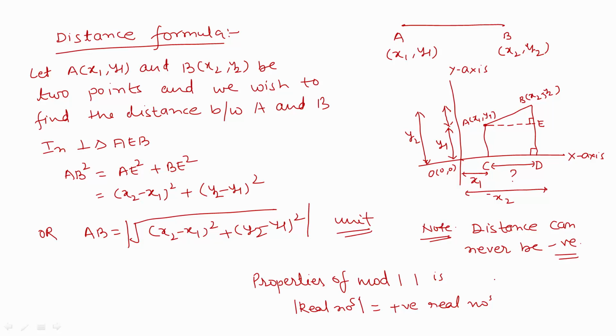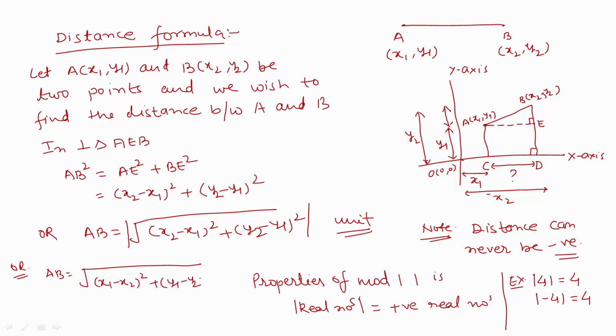For example, mod 4 is equal to 4 and mod minus 4 is also 4. Now you can write this formula like this: AB is equal to under root x1 minus x2 whole square plus y1 minus y2 whole square unit.